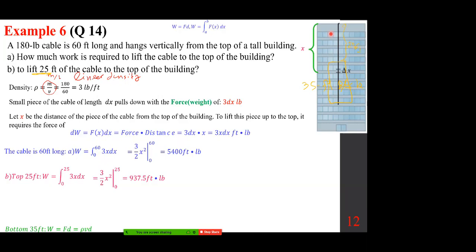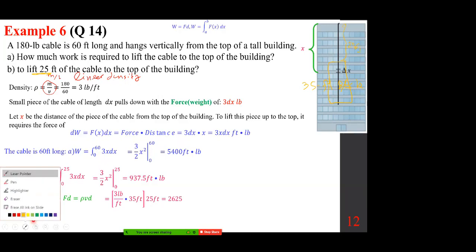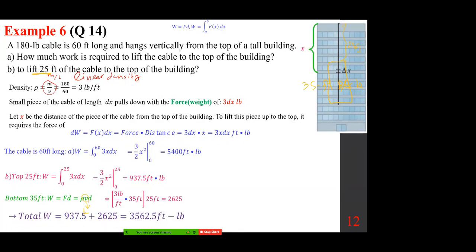In other words, the bottom part you can think of as a fixed part, weight times distance. Now, what is the total? Add them up. Add the two numbers up, and you're done.